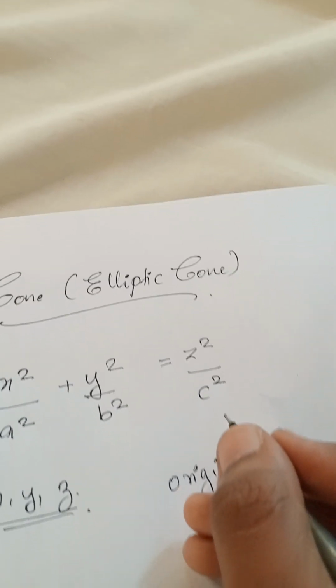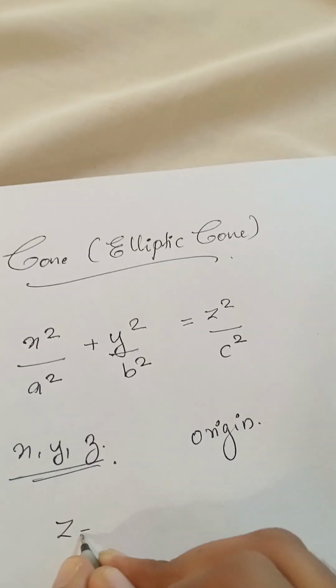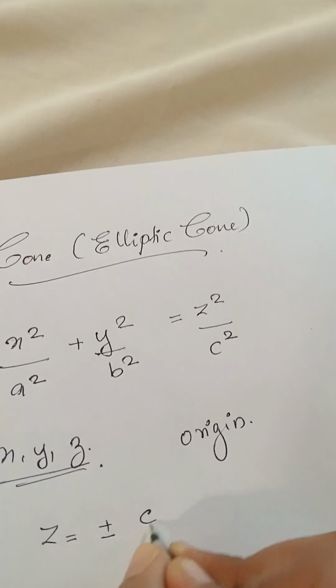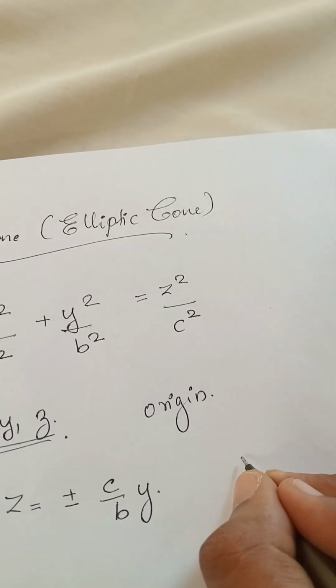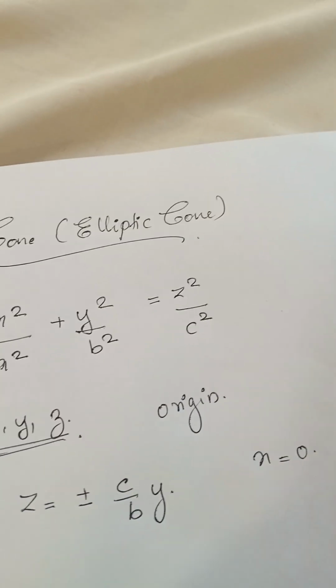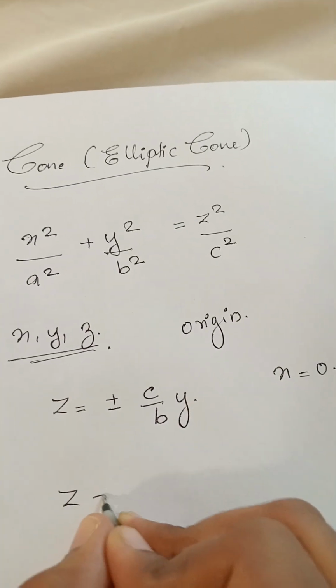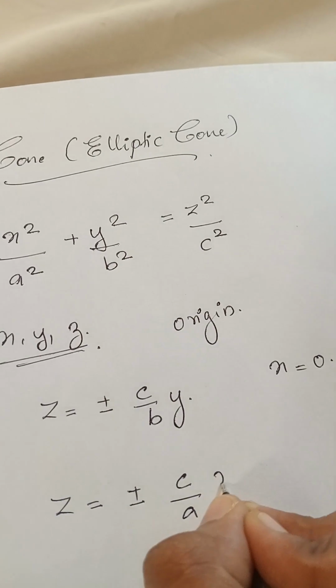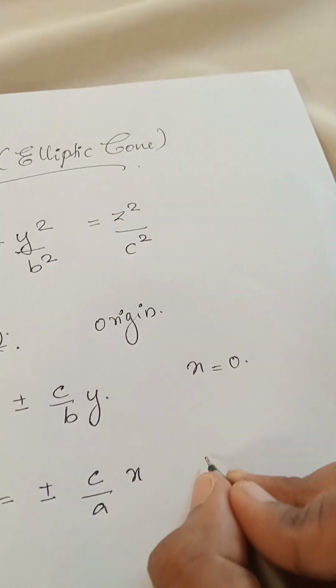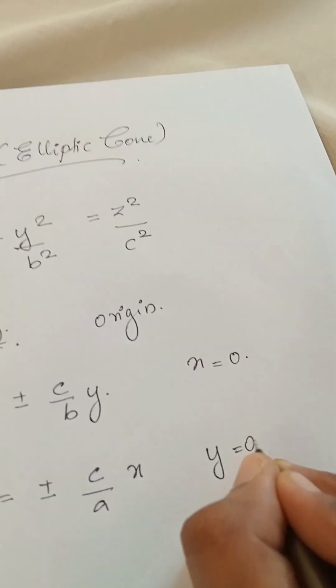So let us consider the lines z is equal to plus or minus c by b y. This is possible only when x is equal to 0. And the line z is equal to plus or minus c by a x is possible when y is equal to 0.